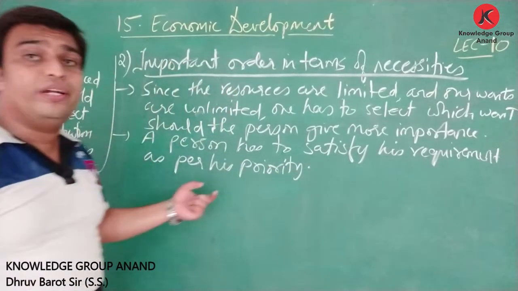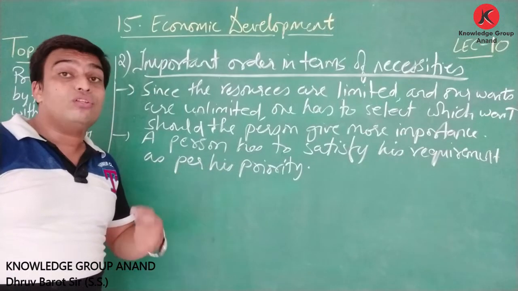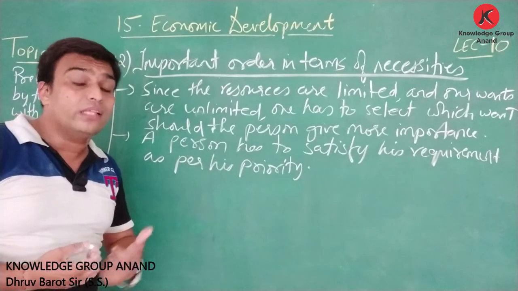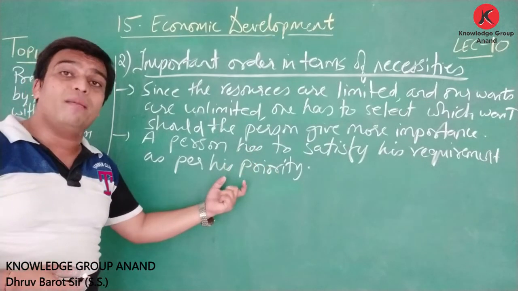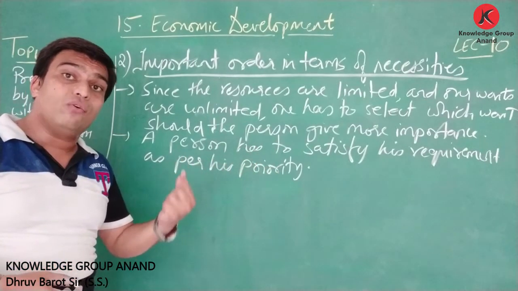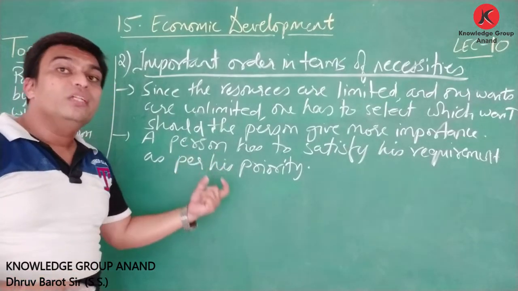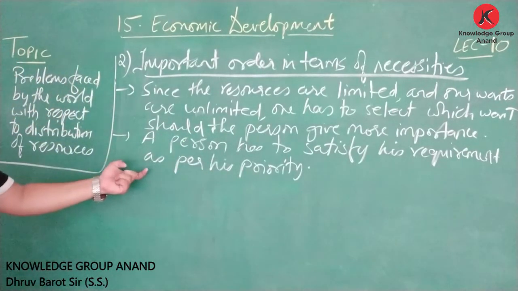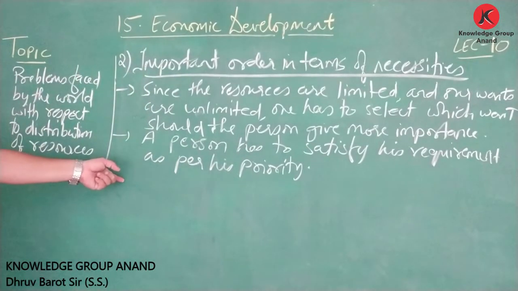As I told you friends, if a person wants to buy a car and also wants to buy a house, he has to select what to buy, whether a car or a house. So here the person has to satisfy his requirement by choosing any one, and he has to select to whom he should give the priority, to whom he gives importance.